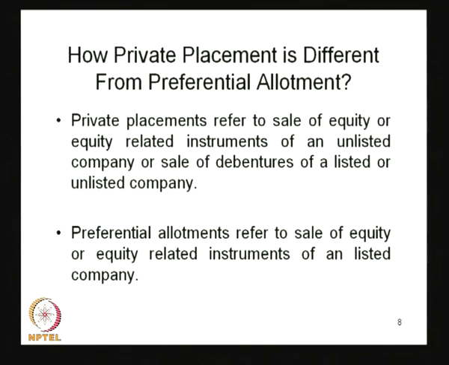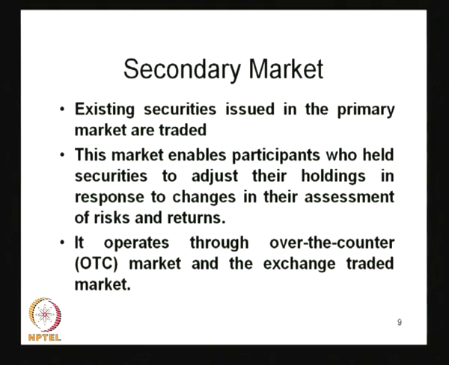So, the private placement, if they are raising in terms of equity, should come from the unlisted company, but if it is debentures or bonds, it can be from both listed and unlisted companies. But the preferential allotment is the sale of equity or equity related instruments of a listed company. So, this is the basic difference between the private placement and the preferential allotment.